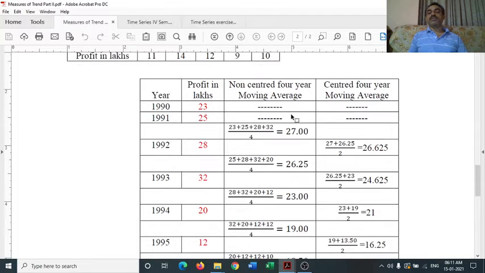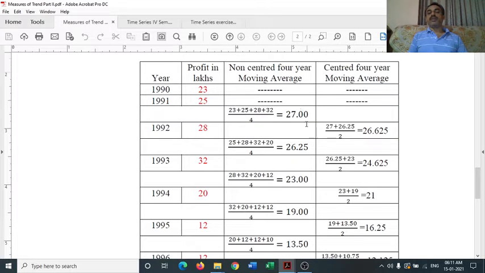After that, for finding centered moving averages, we calculate the average of these non-centered averages, that is 27 and 26.25, and that is to be placed at the common year in between the non-centered averages. Here 1992 is the common year for the first bunch and the second bunch.